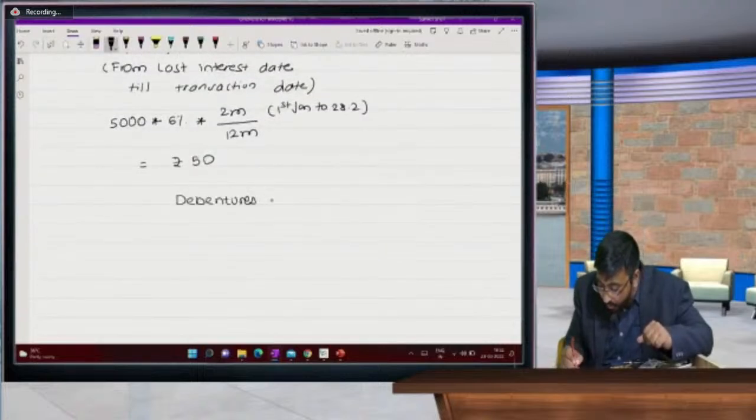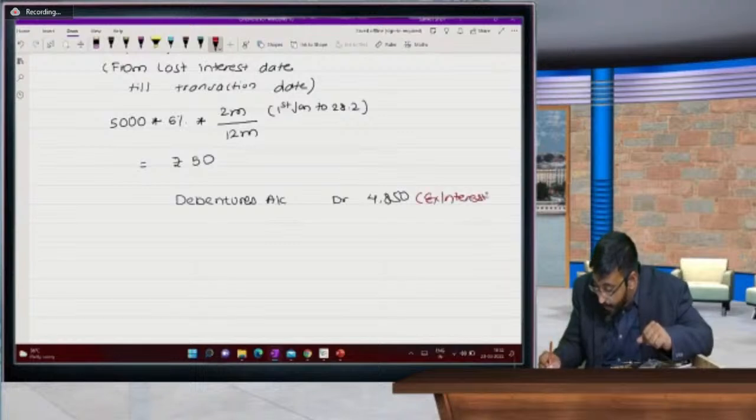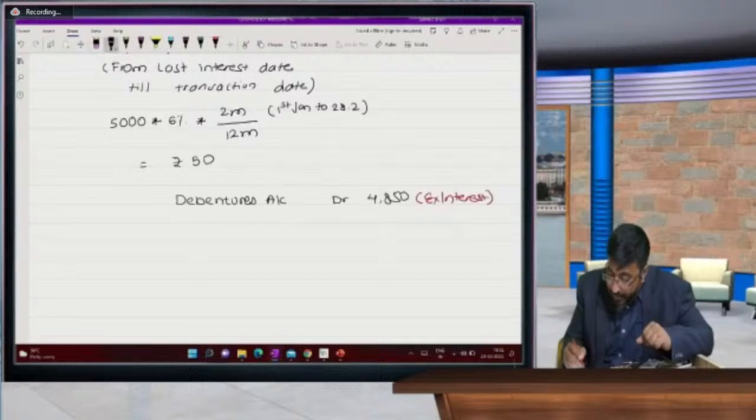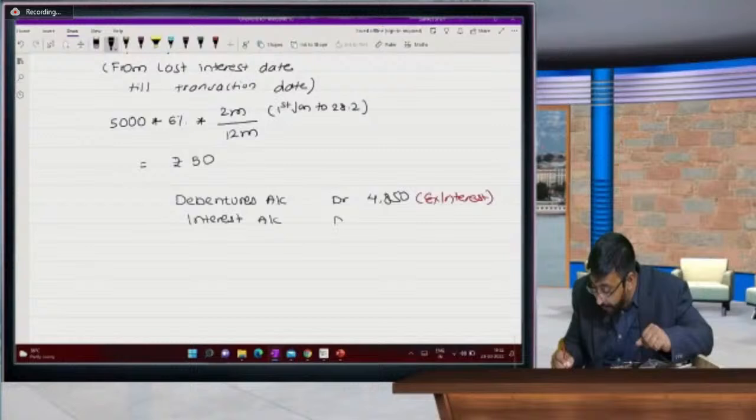Debentures account debit, always at ex interest. What is the interest amount? Interest account expenditure 50.